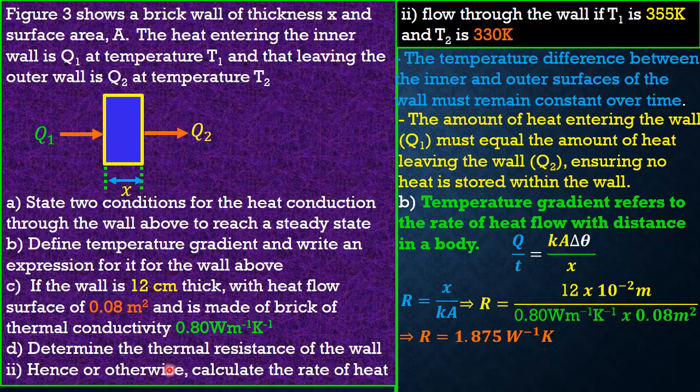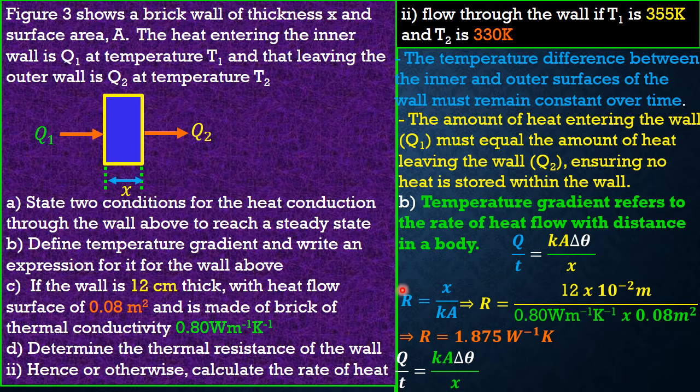Then the next part is saying that hence or otherwise calculate the rate of heat flow through the wall if T1 is 355 Kelvin and T2 equals 330 Kelvin. If we look back at our formula, we can see that Q over t is equal to KA over X times delta theta. So what is KA over X?